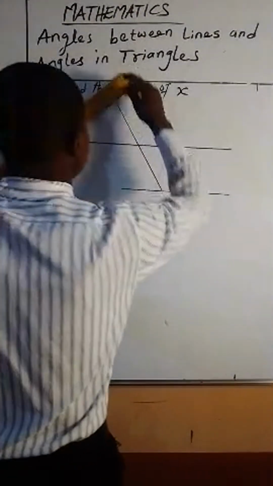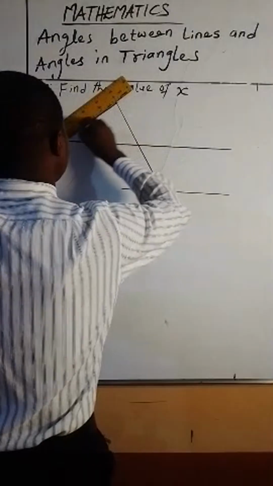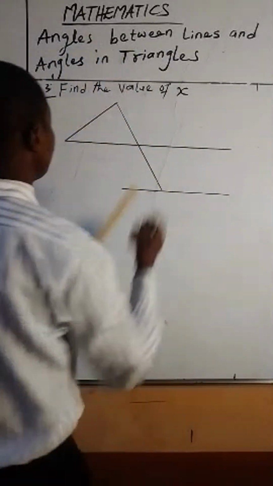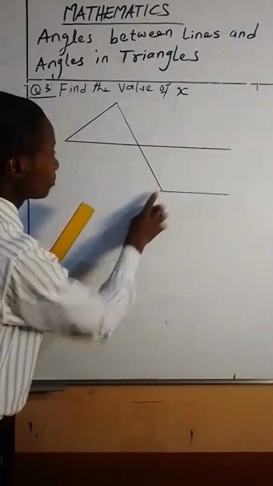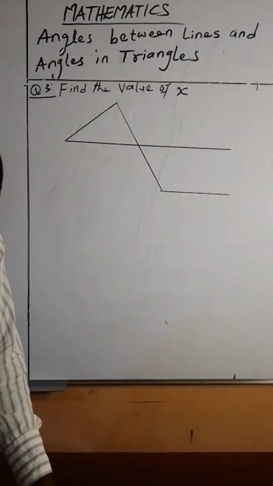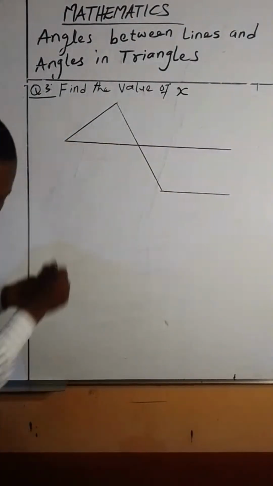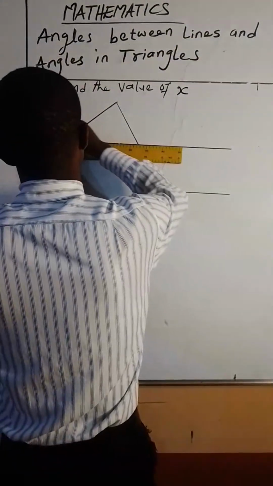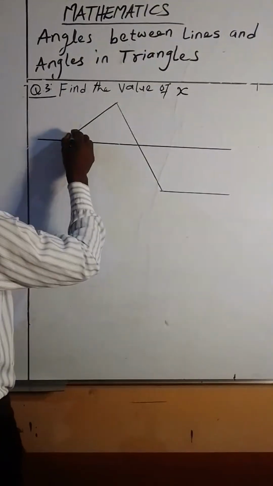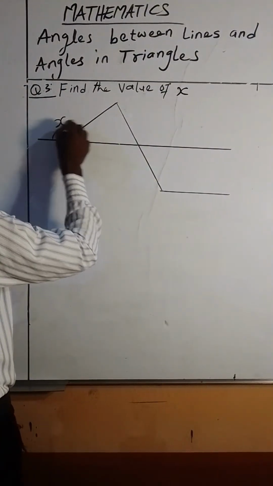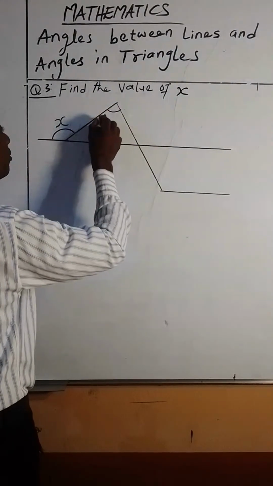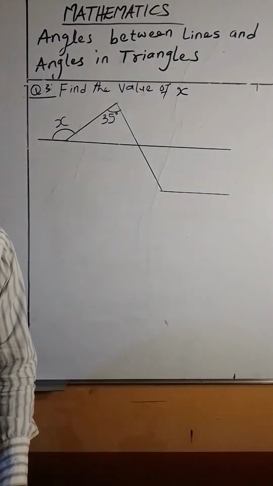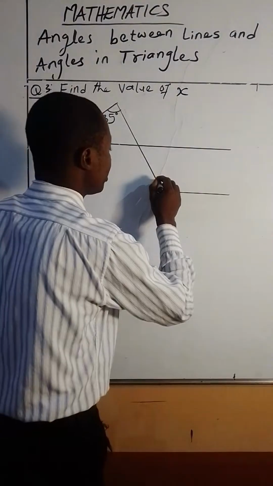Then this one is attached to it from here. We are given x here, extended this way. So here we have x. Here we have 35 degrees, and this is 105.